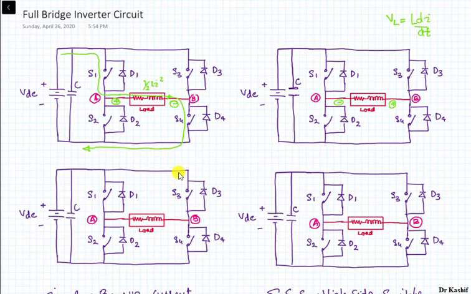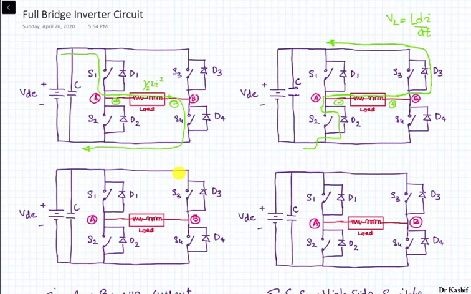So what will happen with this opposite polarity? You can see the diode D3 will be having the positive voltage at the anode with respect to the cathode, and the diode D2 will be having the negative voltage at its cathode with respect to the anode. So your diodes D2 and D3 will be turned on, and the path of the current in your circuit will be like that: through the diode D2 and then through the load, and then through the D3 back to your source, right?